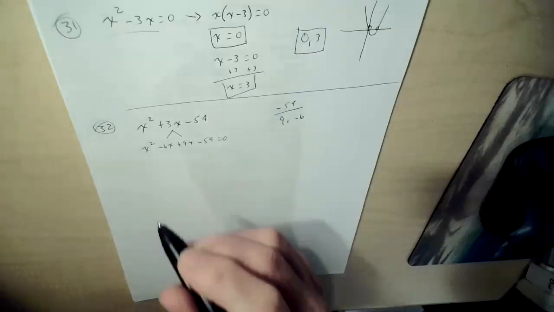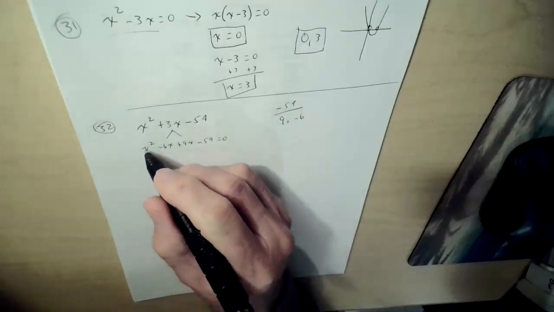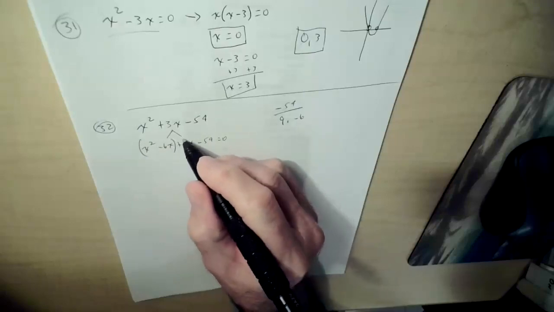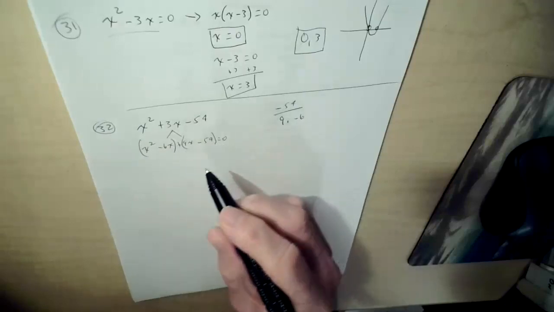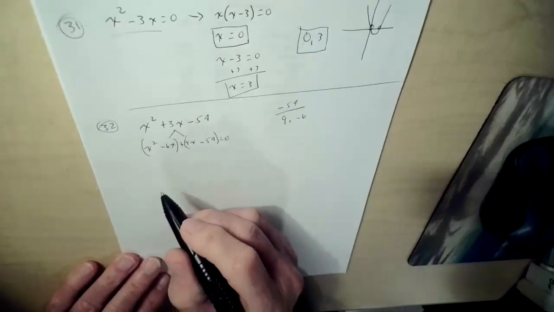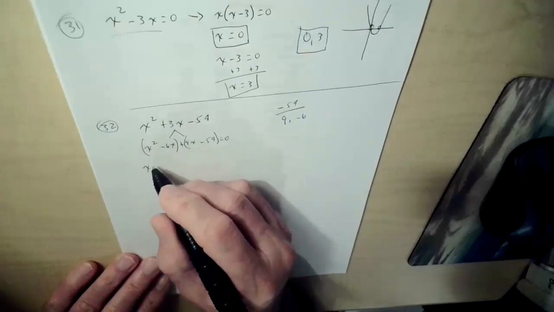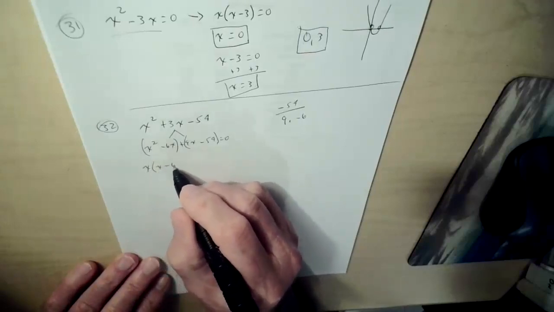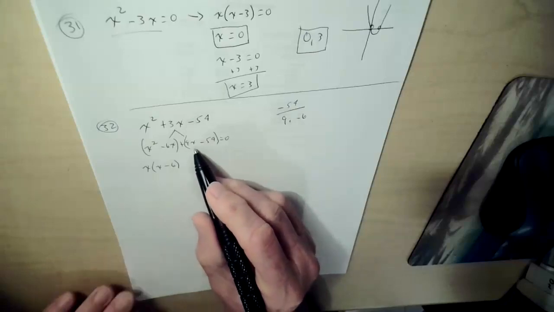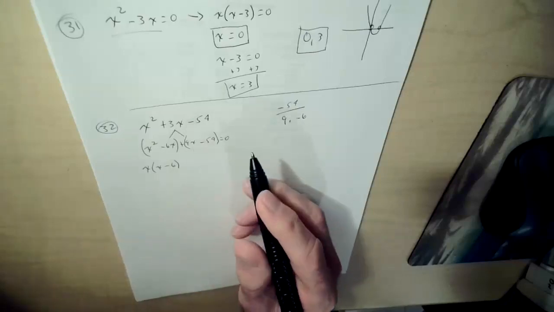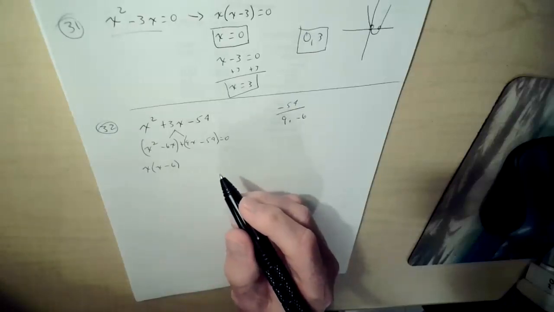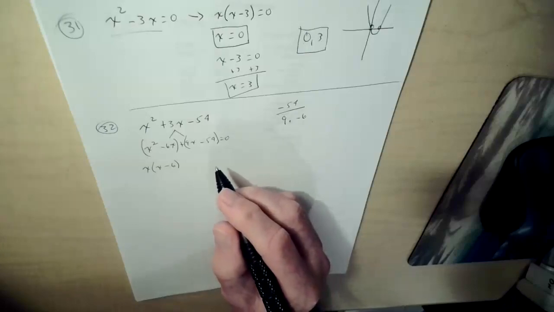Okay, we get x squared minus 6x plus 9x minus 54 equals 0. So we have this. Okay, we're going to group these together, group these together. Now what can we factor out of here? Just an x, right? We get x minus 6.